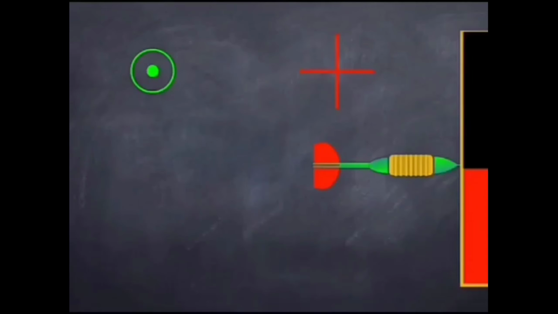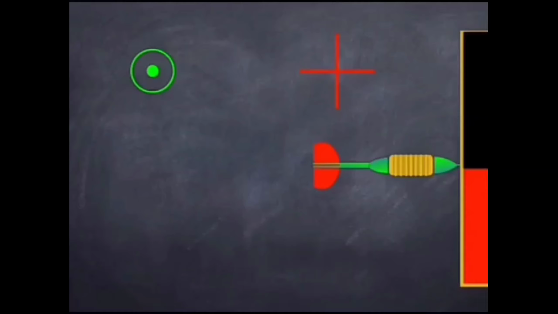Now in this other example, imagine a dart going to you and a dart going away from you. If a dart is going towards you, you can see a circle with a dot in the center. If it's going away from you, you can see the back part of the dart and you can see a cross.